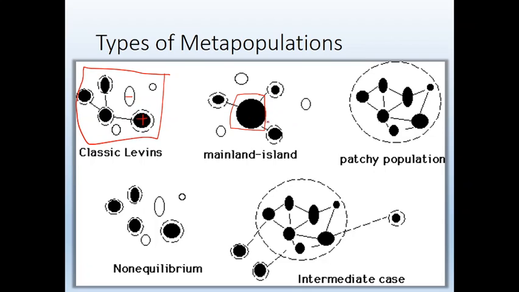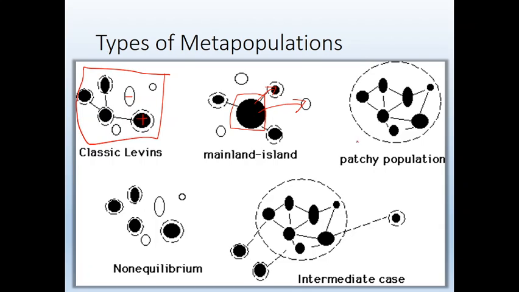So you can have a flow of species out from the mainland to these other patches, and these patches then follow the metapopulation models, as opposed to the mainland, which always has the population there.